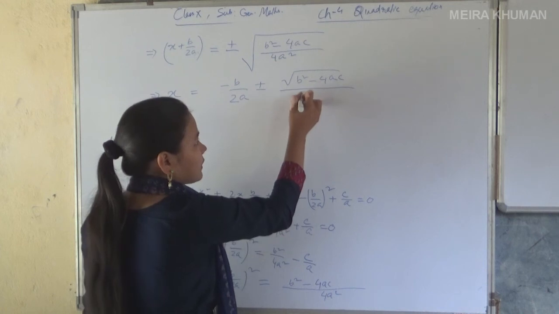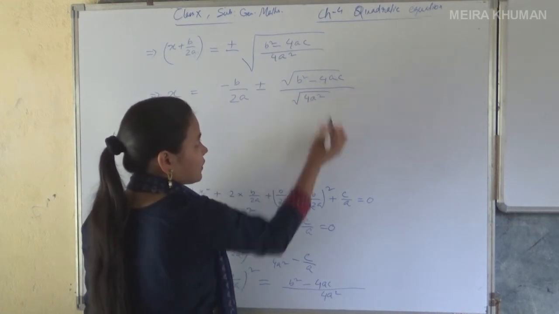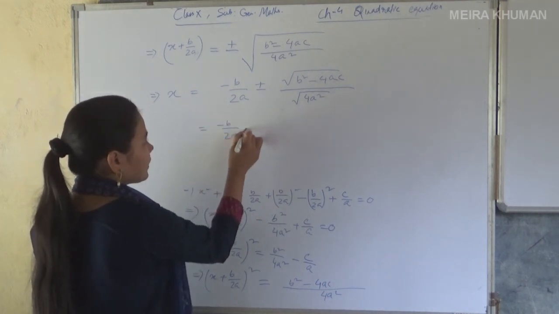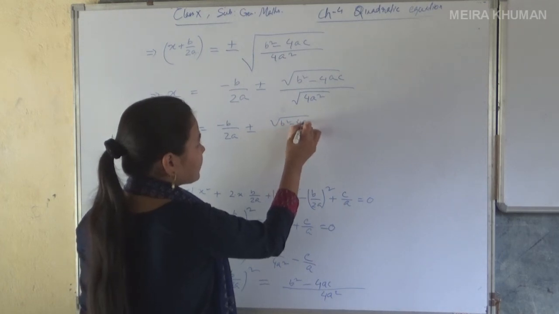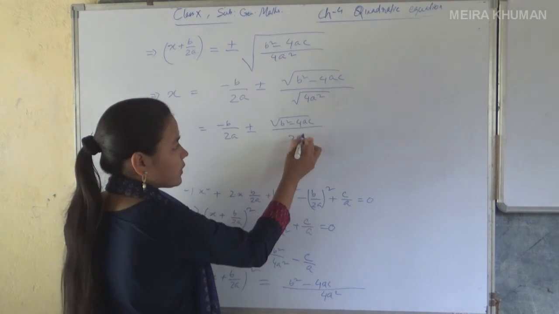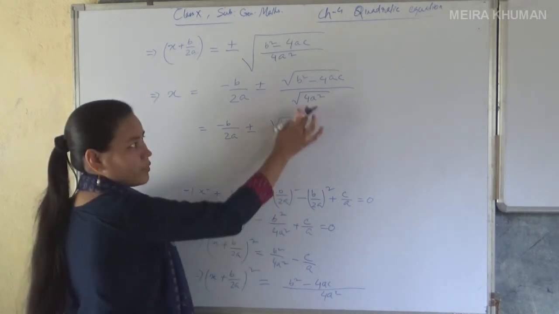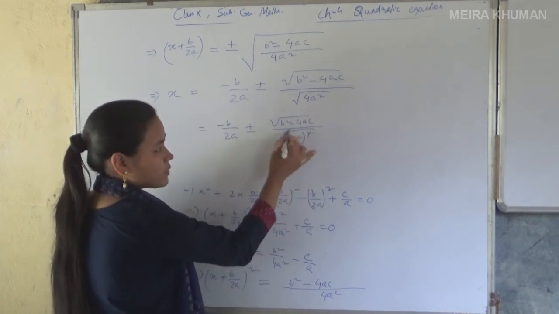So in this case you can write 4a² also in this way: minus b by 2a plus or minus root of (b² minus 4ac) by 4a², which is 2a whole square. You can write in this way: 2 twos are 4, a into a is a². So you can cancel out.